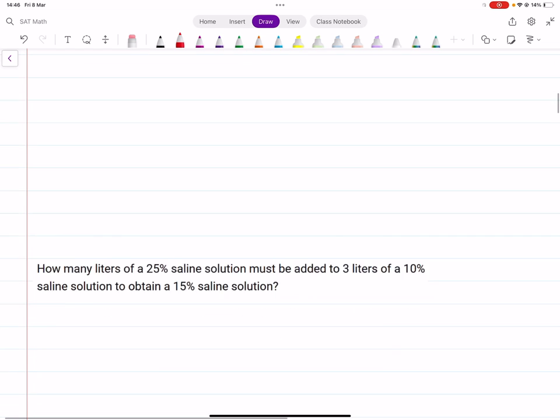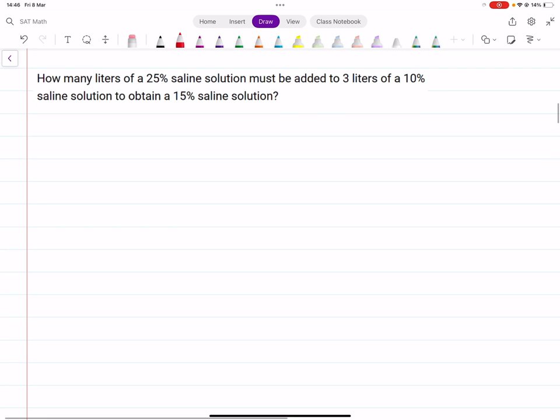Okay, let's move on. Now it says, how many liters of a 25% saline solution must be added to 3 liters of a 10% saline solution to obtain a 15% saline solution? Okay, now what's a saline solution? It's basically the percentage of salt that you have in water. So 25% saline means that if you had 100 liters of water, 25 liters of that would be salt.